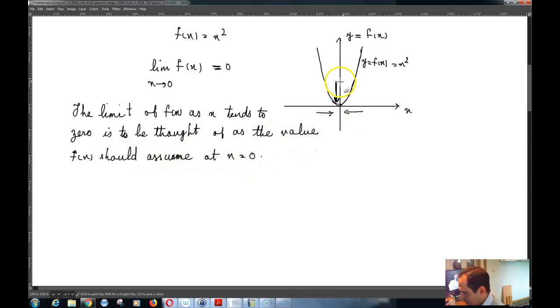That basically means that the limit of f of x as x tends to 0 could be said to equal f of 0, the value that f of x should assume at x equal to 0. That's the meaning of this.